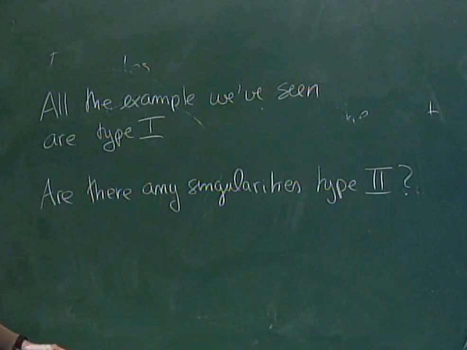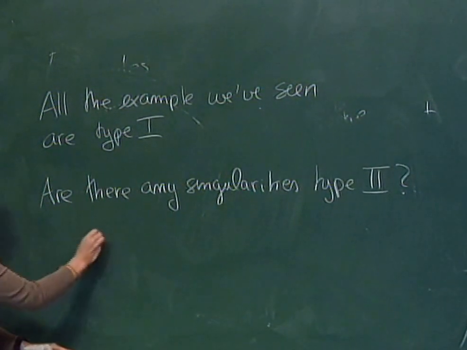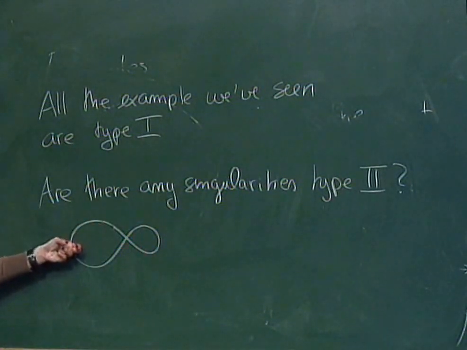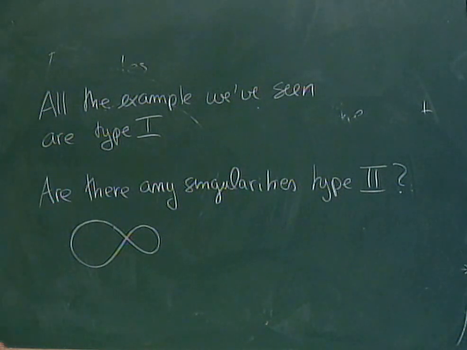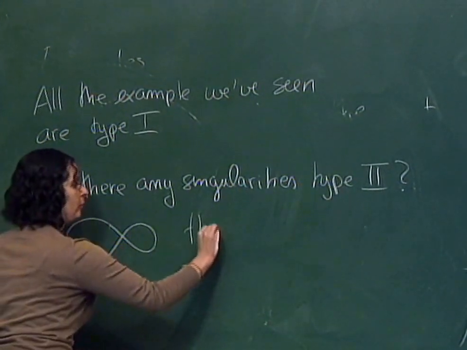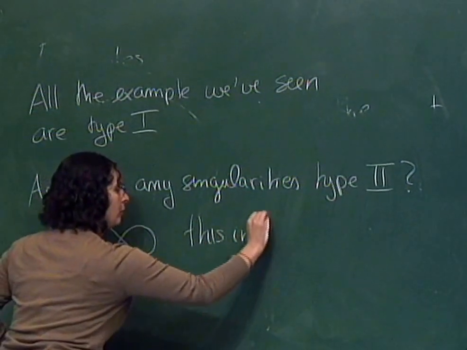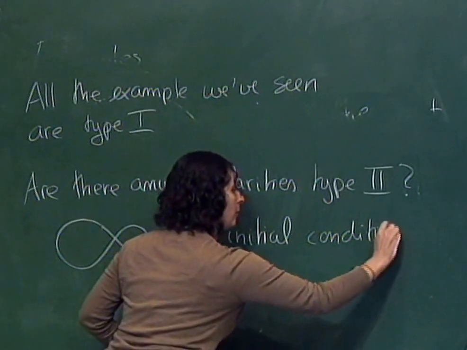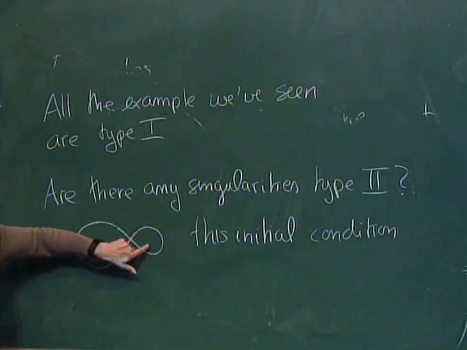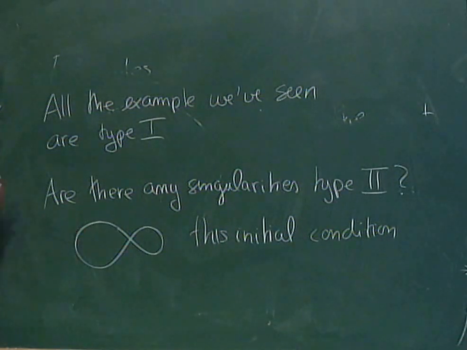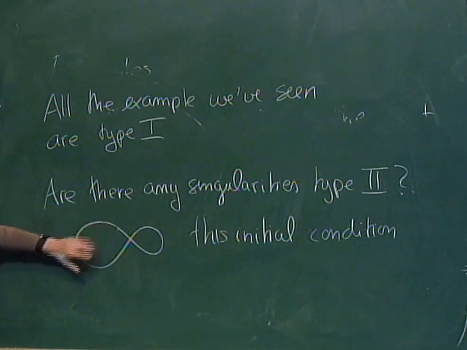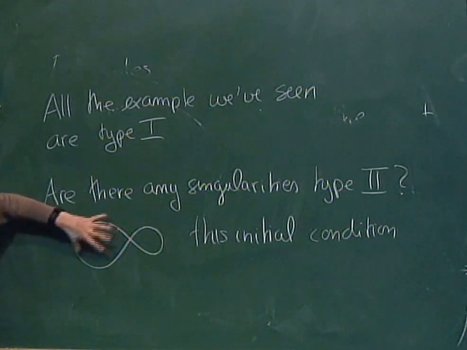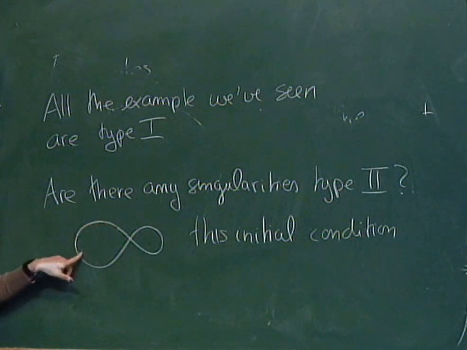Let me give you one of the few examples of type 2 singularities that I know. Suppose that you start with something that is like this. This is not embedded anymore, so it's not really as in my theorem there. So this initial condition. As you see, if this is smaller than that, and if intuition works here, I would say that all these are contracting, but this should be contracting faster than that one, right?